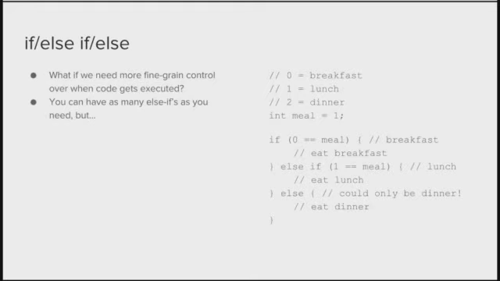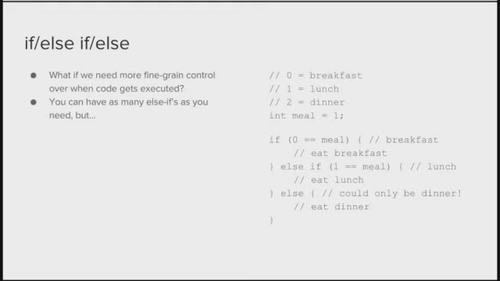Keep them smaller. And you can put ifs inside of if bodies. There's nothing wrong with putting another if statement inside of eat breakfast. So you could say, if 0 equals meal, and if I'm hungry, I'm just going to type this up in chat here.